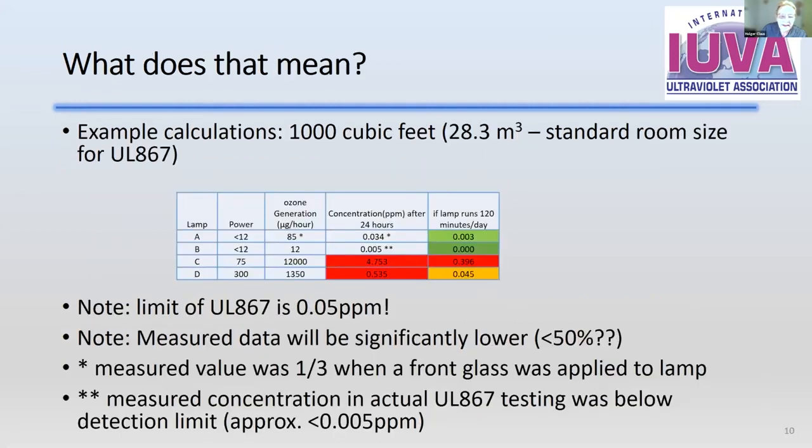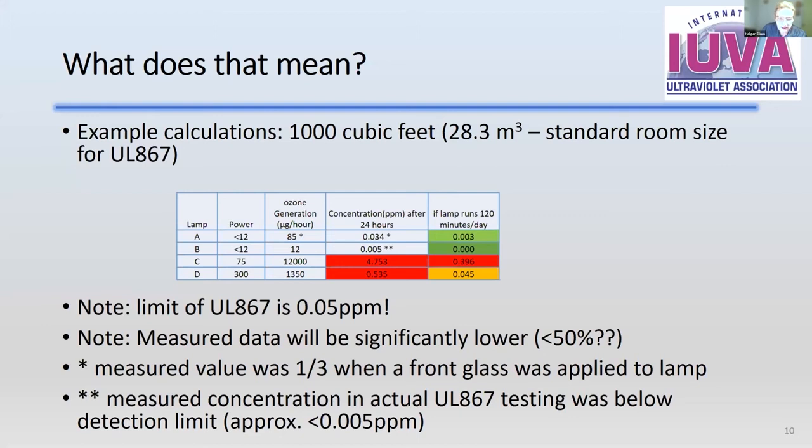So in the United States, there is UL 867 that is being applied for air cleaners and is measuring the ozone concentration. That is based on a sample room of 1,000 cubic feet, almost 30 cubic meters. And we can do some calculations for these lamps that I showed before and estimate how much concentration each lamp will create.